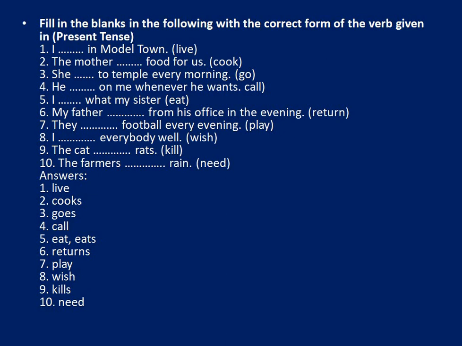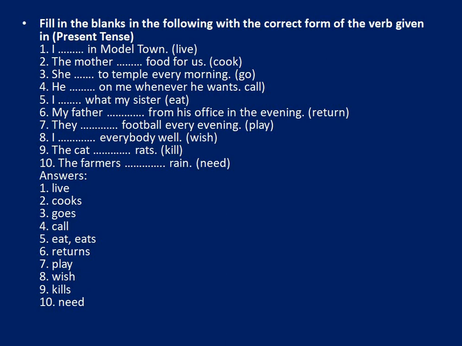He calls on me whenever he wants. Then I dash what my sister. I eat will also go. Eats will also go. Fine. My father dash from his office in the evening. My father returns from his office in the evening. They dash football every evening.